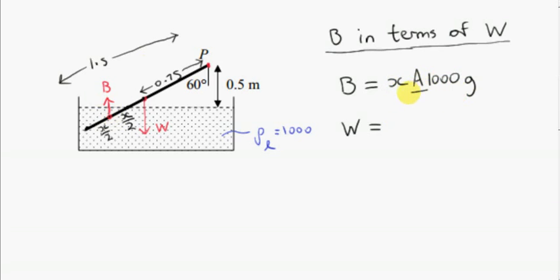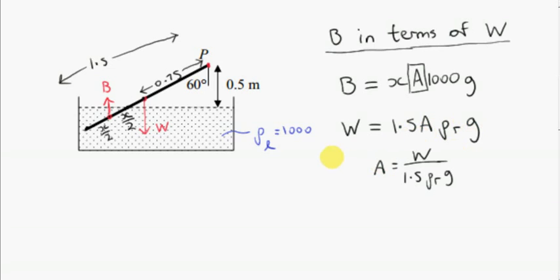Now we need to eliminate A. That's the cross-sectional area of the rod. It's probably a very tiny cross-section for a thin rod. We get W in terms of A. So to get the weight of the rod, we multiply its length, 1.5, by the cross-sectional area to get the volume of the rod. Multiply that volume by the density of the rod to get the mass of the rod, and then multiply by G to get the weight of the rod.